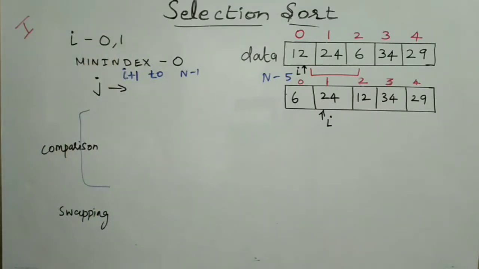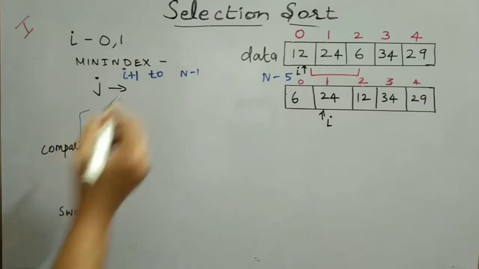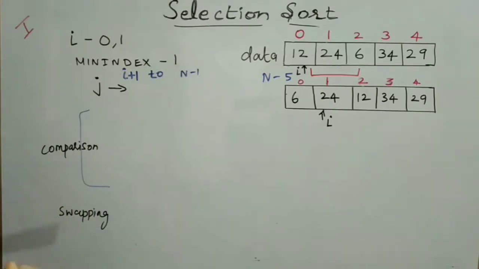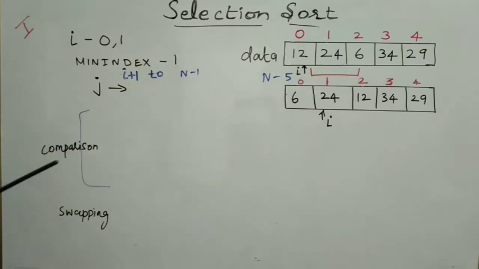Initially the minimum index takes the index position of i, meaning that the element in index position 1 is now considered as the smallest element.